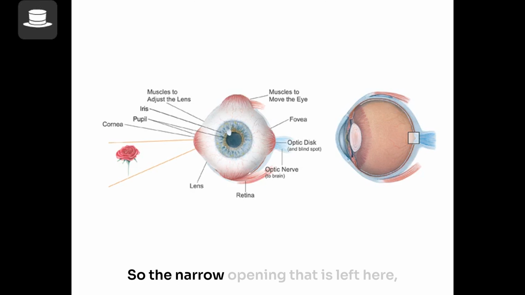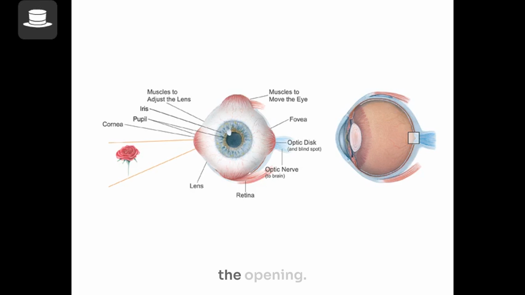The narrow opening that is left here, because of the circular muscles, is called the pupil. The muscles can contract or relax, thereby adjusting the amount of light that can enter your eye. So these are the basic structures.